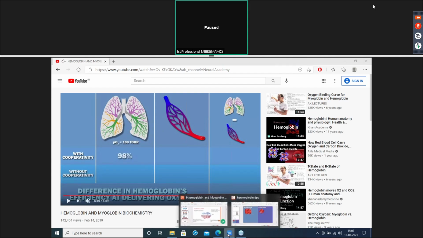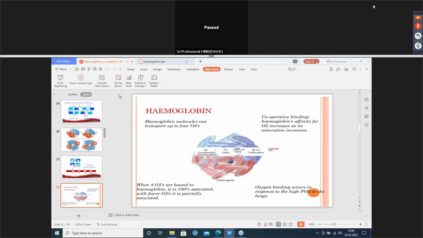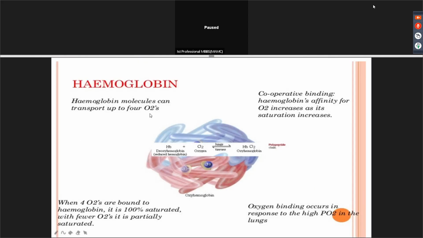So again, coming to the slides. So this is how the hemoglobin molecule, this globin chain has heme moiety in the surfaces formed by the hydrophobic moieties of the amino acid, and this is one hemoglobin.